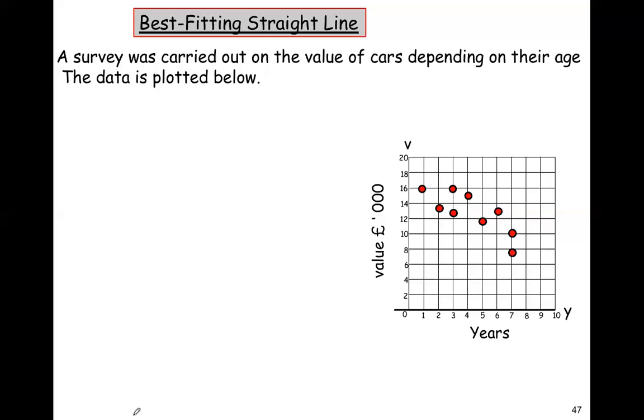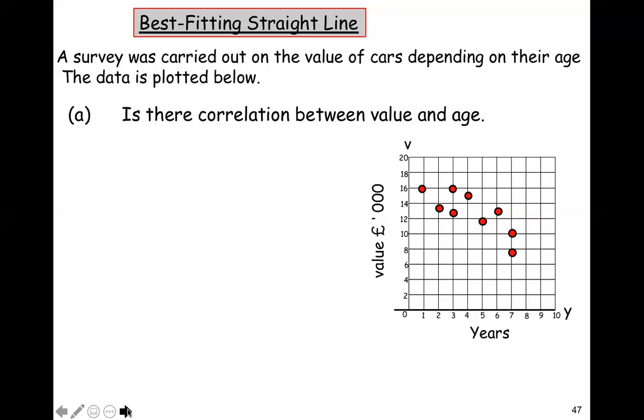Okay, so let's see the question that we could come up with. First question, is there a correlation between value and age? So yes, by looking at these data points, we could probably draw a line through them. So these are the type of questions you would get. I can see a negative correlation.